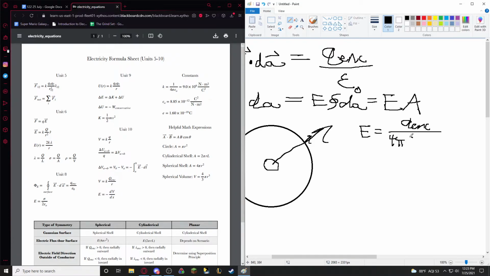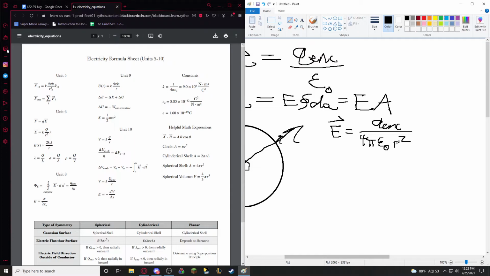So it's Q over 4 pi epsilon naught r squared. Boom. That's our electric field. And if we want to add our vector quantity back in, because we know the electric field is straight outward, we can just add a little r hat. And that checks out with what we know, right?